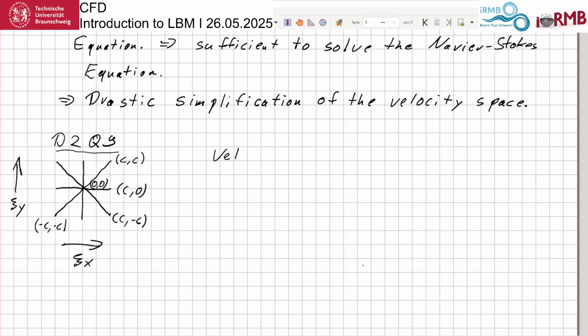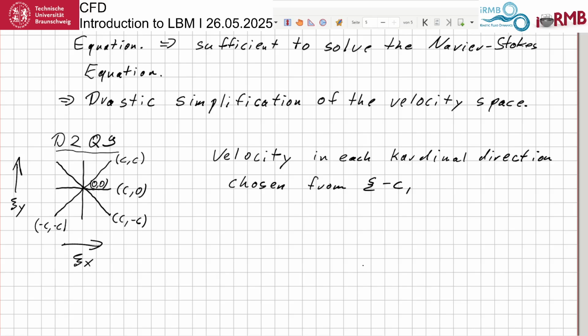So basically, the simple model means that the velocity in each cardinal direction is chosen from a very small set.